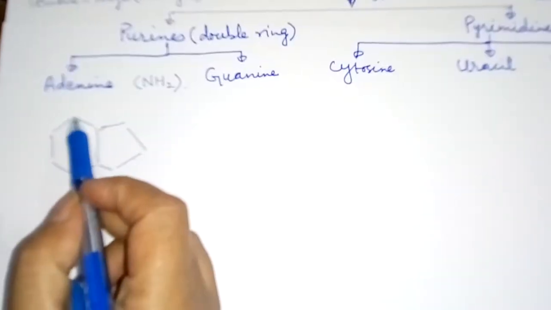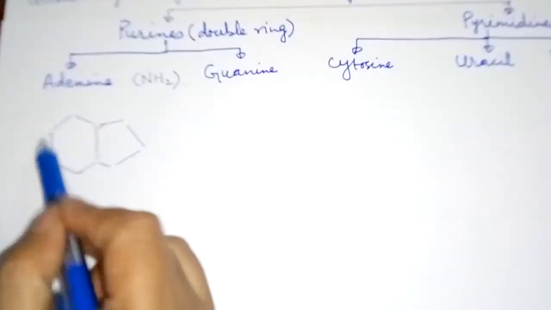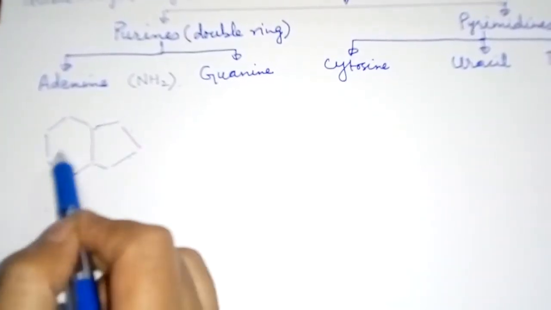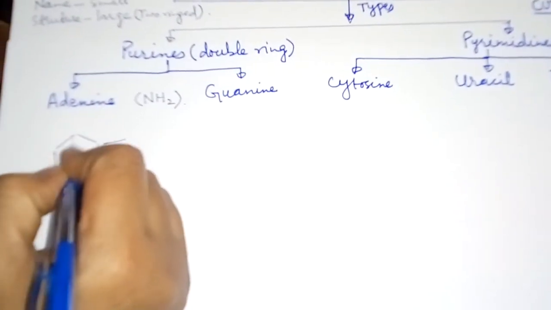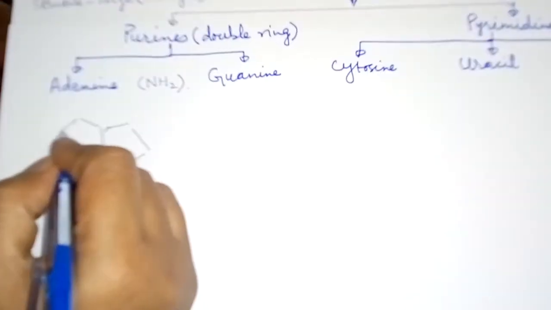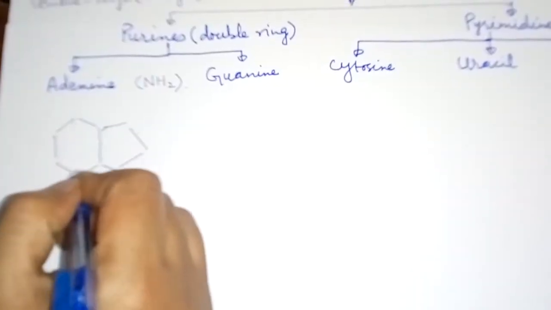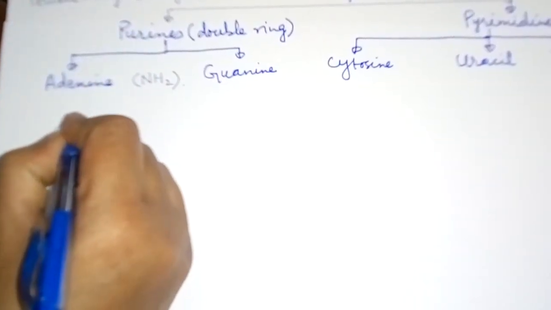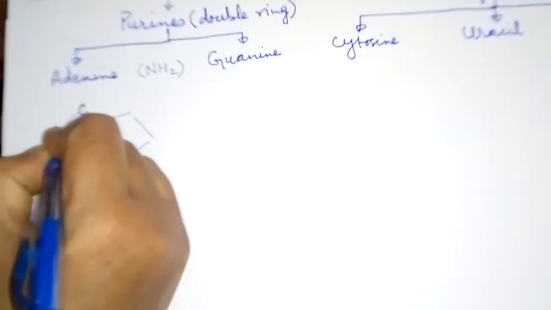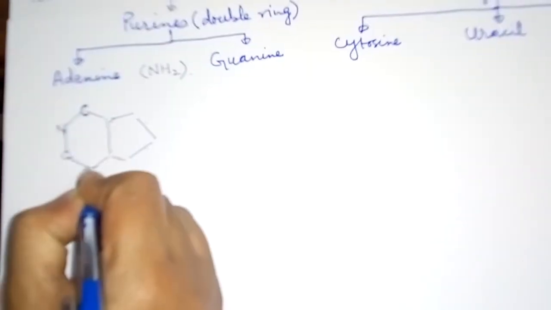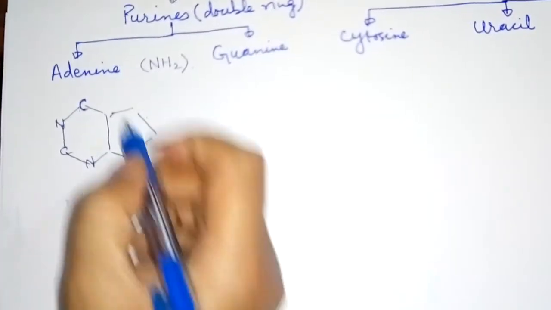Now you have to write elements in these two rings. Almost all are carbon and nitrogen, and they are alternate to each other. We will start from here. First of all, this is carbon, then nitrogen, carbon, nitrogen.